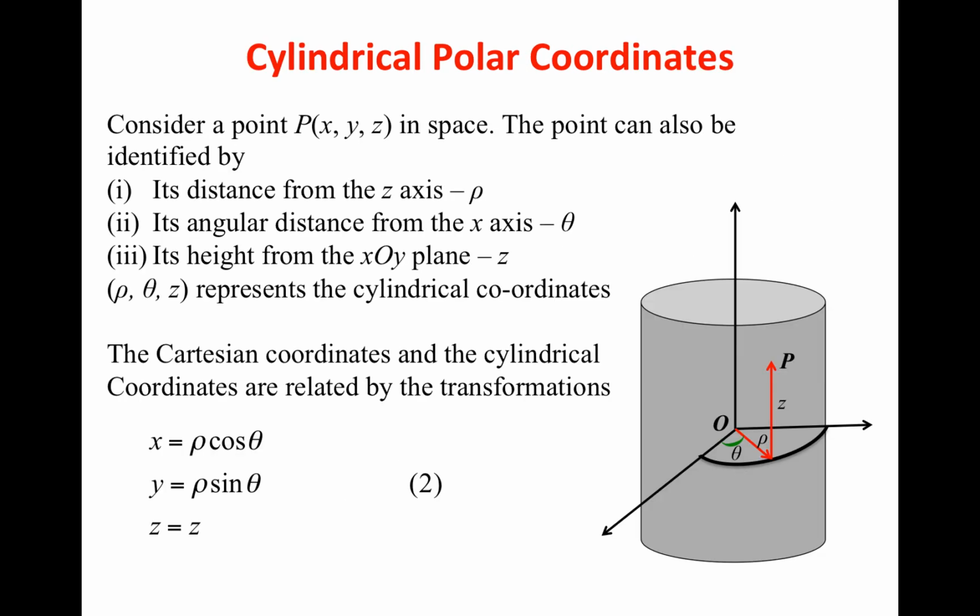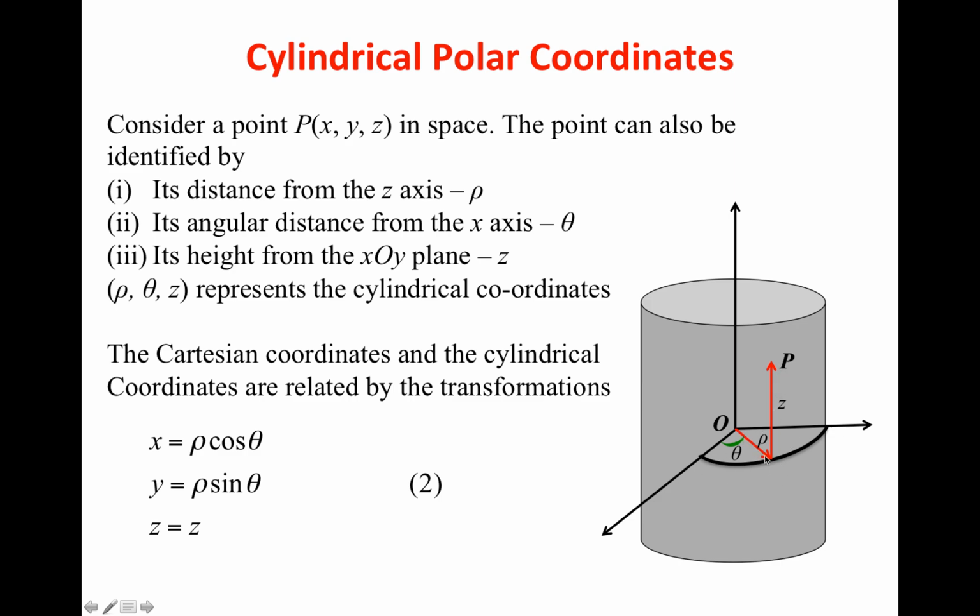So, let us see how we represent the coordinate systems in cylindrical polar coordinates. Suppose I have a point P in space whose coordinates are given as x, y, z. If I am representing them in cylindrical polar coordinates, the point can also be identified by its distance from the z axis. I drop down the coordinate of the point P on my x-y plane.